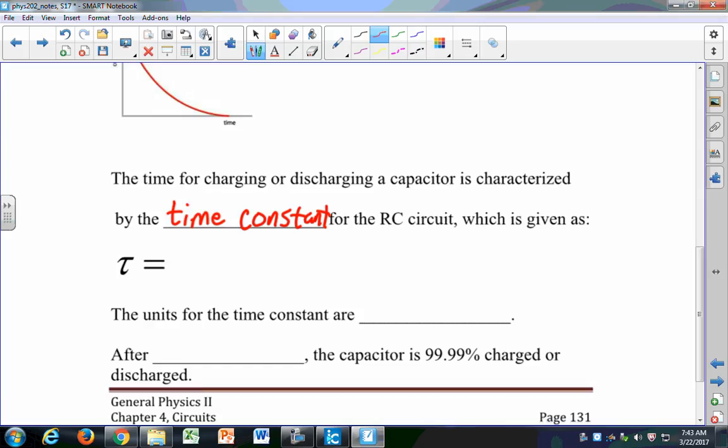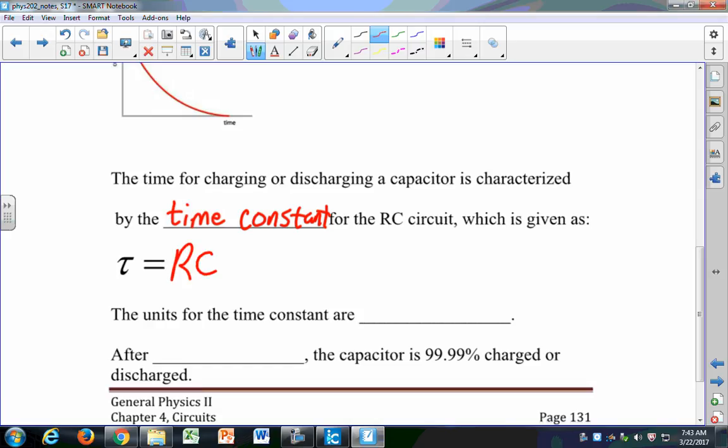In a time constant, you get something like 67% of the full charge on the capacitor. It's just a number that we use to characterize how long it takes to have this growth or this decay occur. The time constant is equal to R times C.